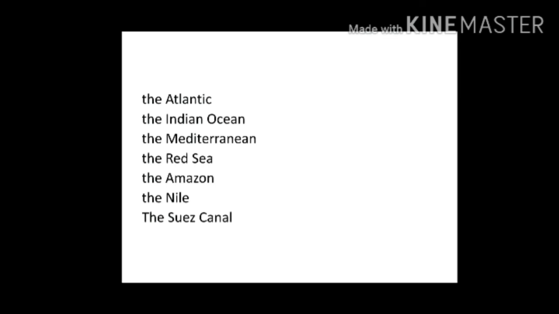There's not much of a rule here, guys. You can already have a good guess of what the rule is because of the names that you see. So we have the Atlantic, the Indian Ocean, the Mediterranean, the Red Sea, the Amazon, the Nile, the Suez Canal.